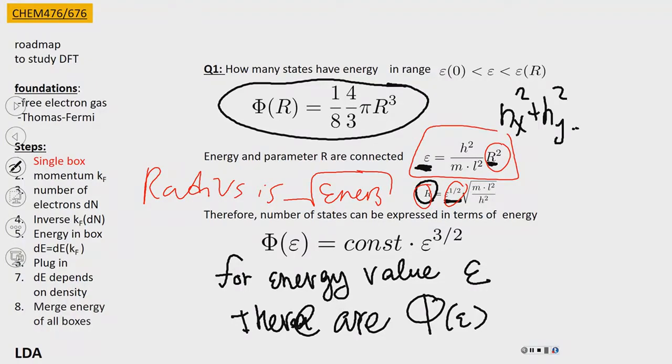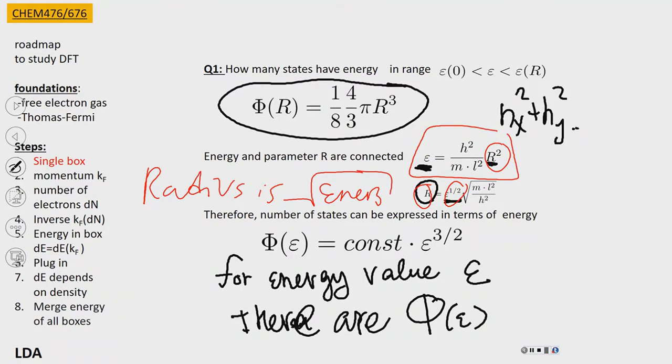But if the radius is the square root of energy, we can just plug this expression for r in here. Then the number of states on the border is some constant times the power 3/2 of the energy, of this threshold energy.